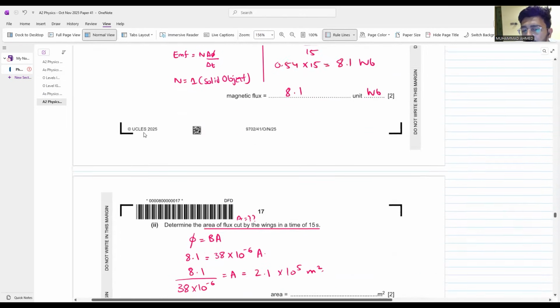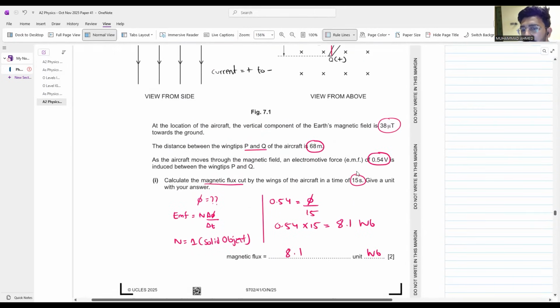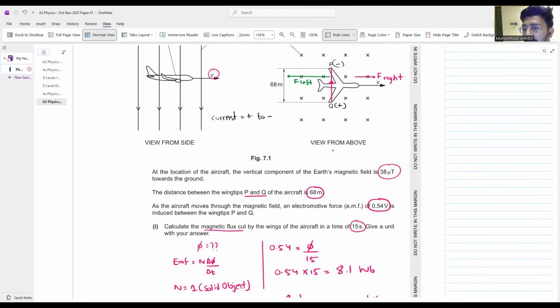Here we are talking about the induced potential. Please focus on the board. Now the important part is about to begin. Beta, let's suppose this is the positive terminal of the battery. This is the negative terminal of the battery.